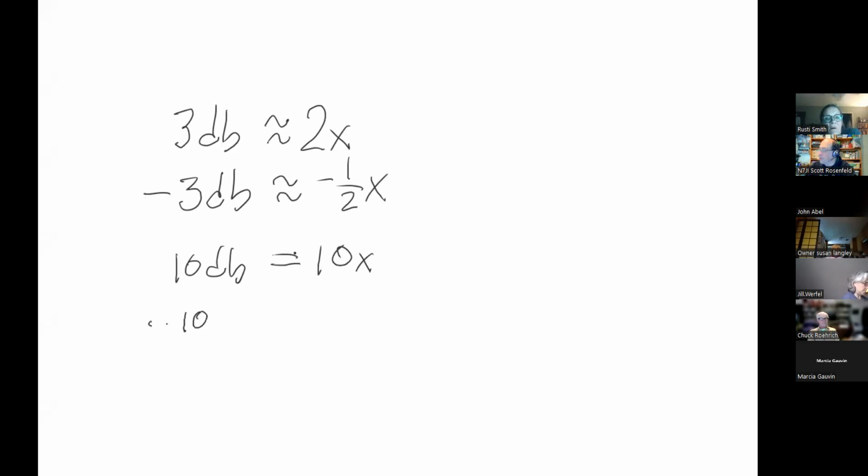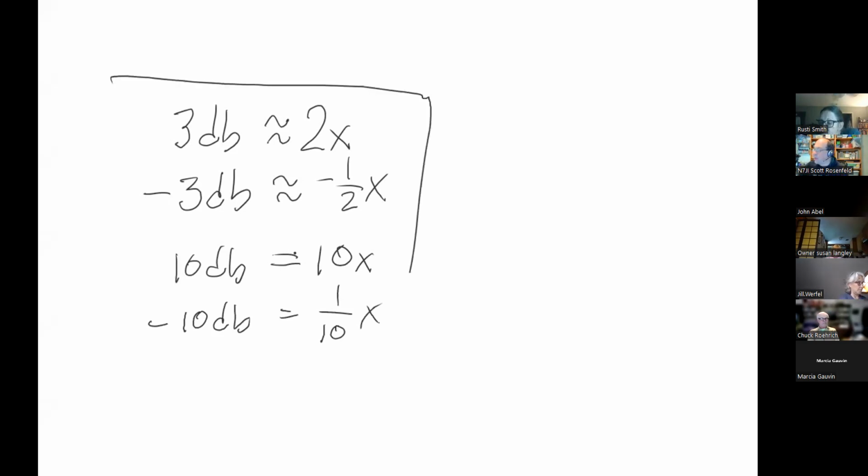And negative 10 decibels is exactly equal to 1/10. These are the only things that you need to know for your exam, and to be totally honest, these are really the only things that you really need to know to solve pretty much anything within an order of magnitude with regard to decibels.